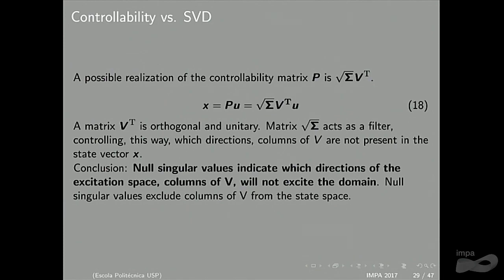See, this is a vector times a diagonal matrix, and if the diagonal is very small, the excitation will not contribute to the state. And so we can use the singular values in this internally balanced model as controllability and observability directional indexes.